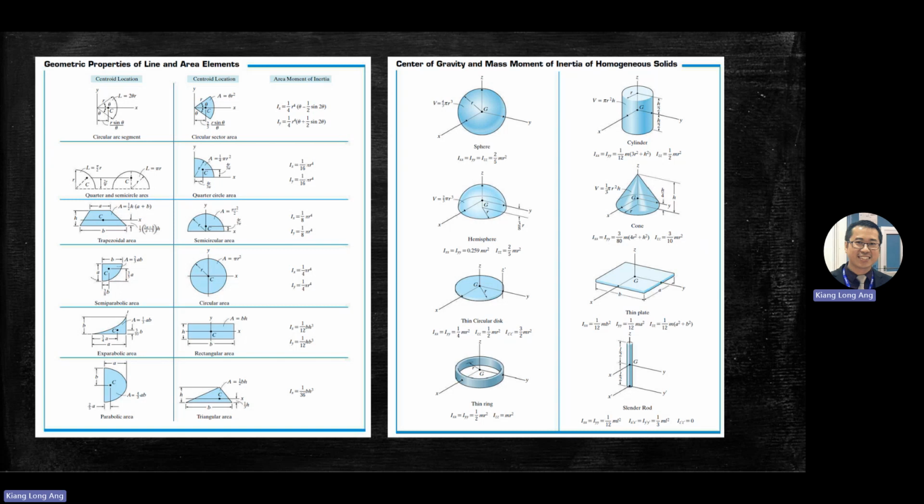So the rod is from O to O here. So you refer to this chart. Your O is here, right? So you use Ix prime. This one, you use Ix prime, and it will give you this very small. Okay, it will give you 1/3 m r square.